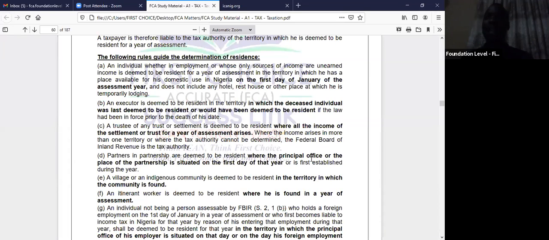Of course, my tax should be going to Ogun State. So for the purpose of tax, I am deemed, that's the word, I am deemed to be resident in Ogun State, even though I've put my address as Lagos. But because your office is Ogun State, you are deemed to be resident there.